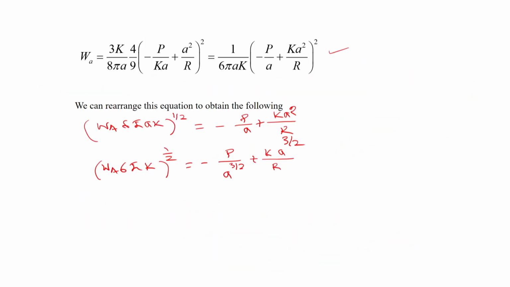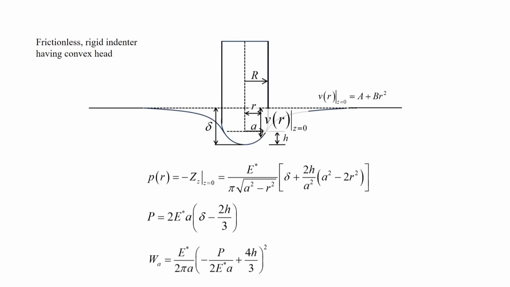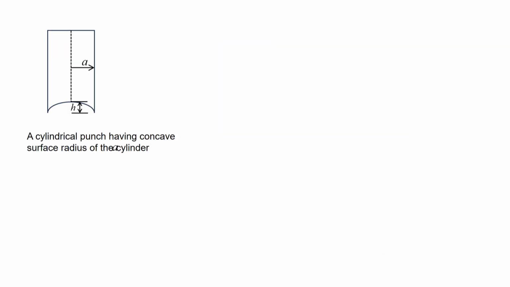So, good. Now, we will like to see convex head. Yeah. So, basically this is the summary of this part that I did. Now, let us say that we will consider a punch having a concave surface with the radius of cylinder A. Okay. So, it is A should be here. So, we have a different type of punch.